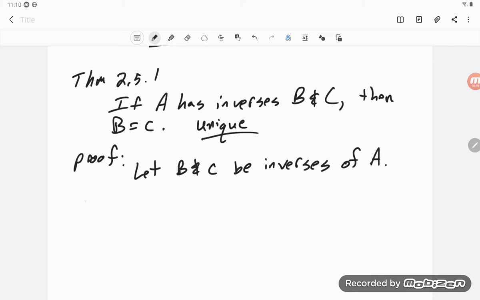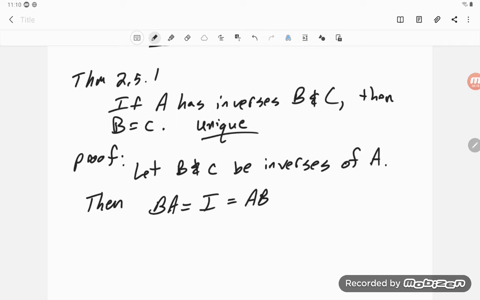And so that means if B is an inverse, then we can take B times A and get I. We can also do it as A times B, either one.